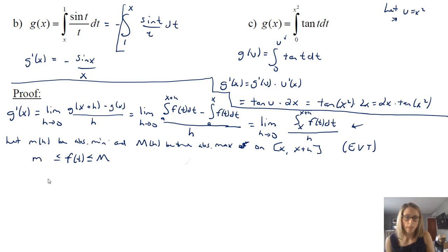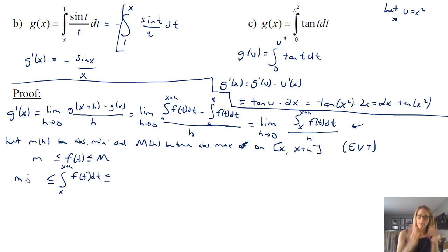Now if we integrate the integral from x to x plus h of f of t dt, we do that to all three sides. Remember that the integral of a constant on an interval is the constant times the length of the interval, because it's just a rectangle. The length of the interval from x to x plus h is just h.